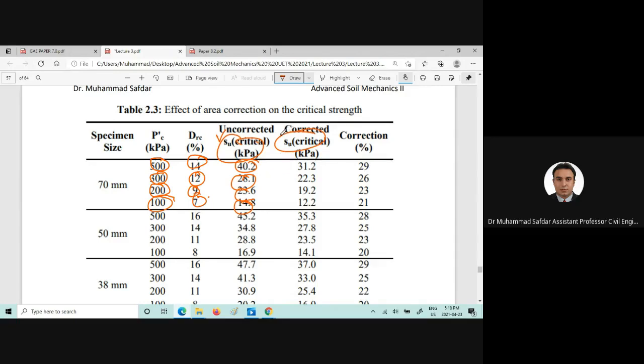So you can see, if you apply the corrections, even the area corrections, the differences in the shear strength of the soil, and you can relate them with percentages as well.